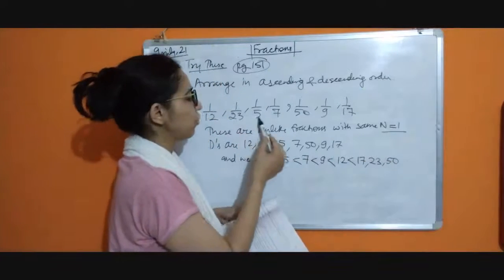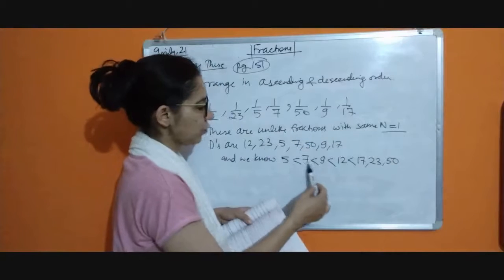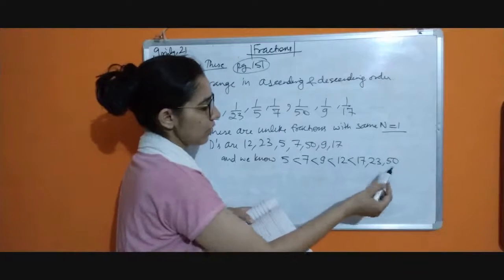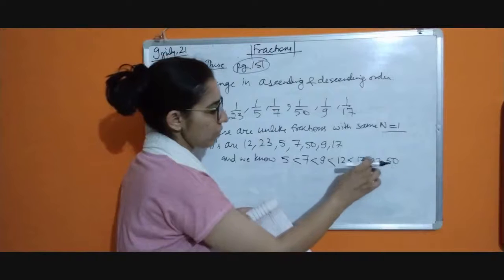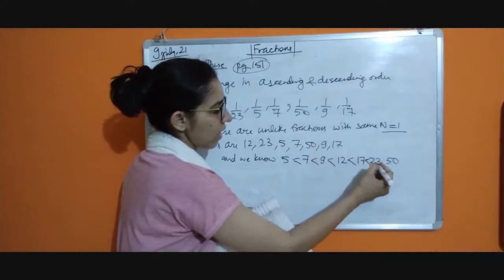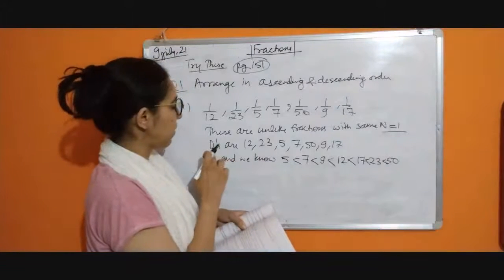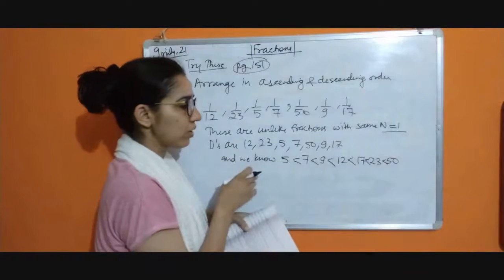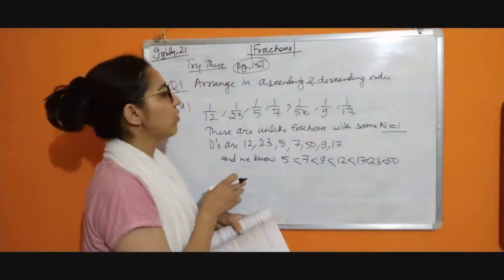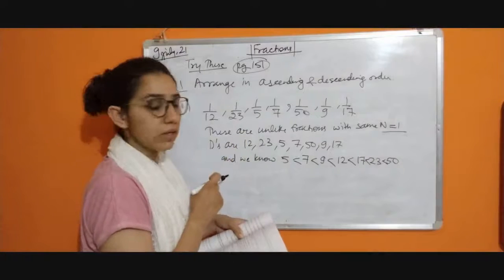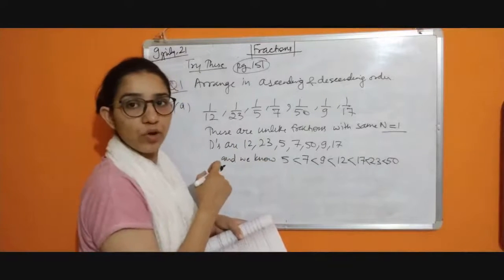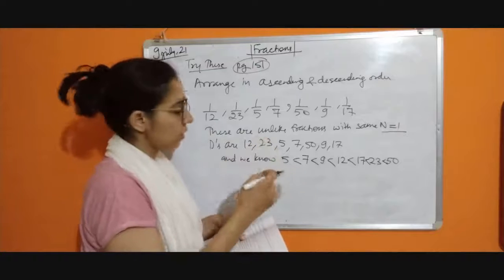So we have 7 numbers and they are in ascending order. I have put my denominators in ascending order. So according to the rule of unlike fractions with the same numerators, the corresponding fractions are going to be in descending order.